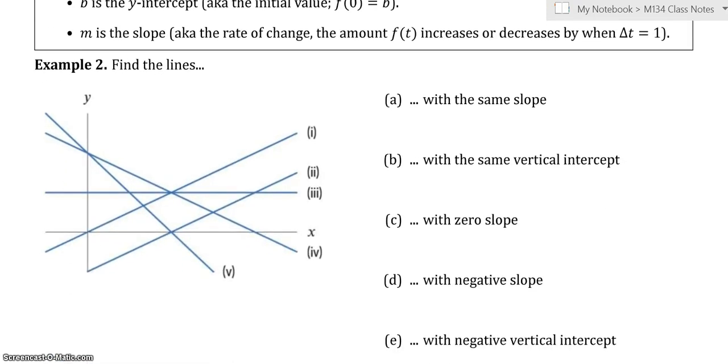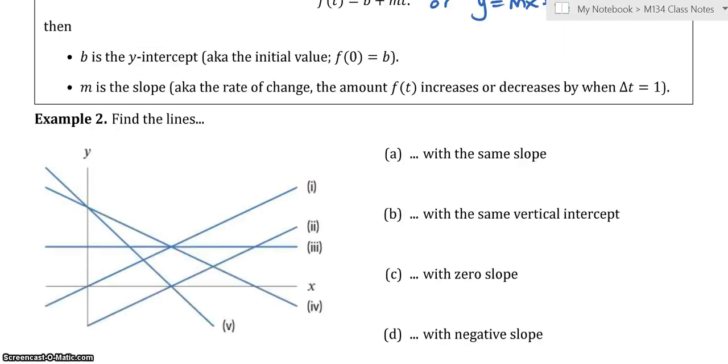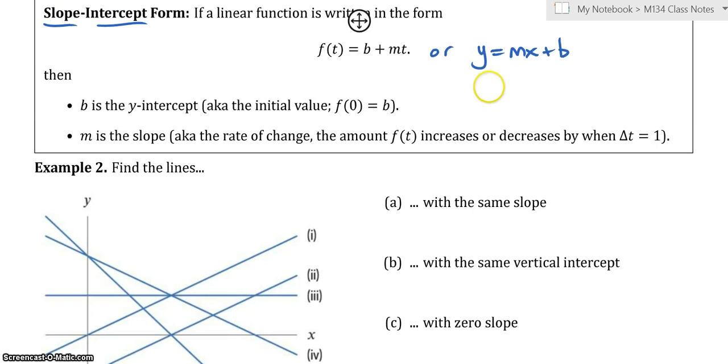So let's look at example 2. Find the lines that have the same slope. Which two lines have the same slope? Well, they have to have the same rise and the same run.